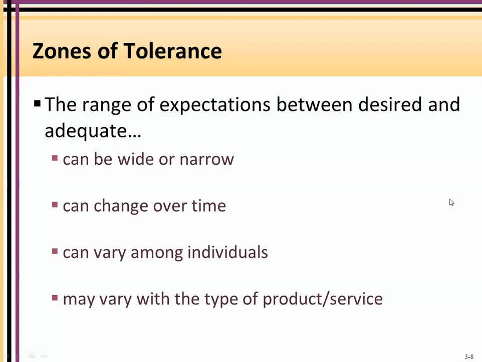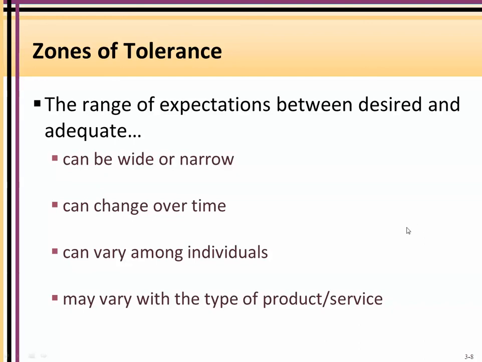This zone of expectations can be wide or narrow. It could vary over time. It could vary among individuals. For example, let's say you start adding more layers of desirables on top of adequate service. If you layer some and customers get used to that, does that mean you may have to offer still more in order to continue satisfying customers?